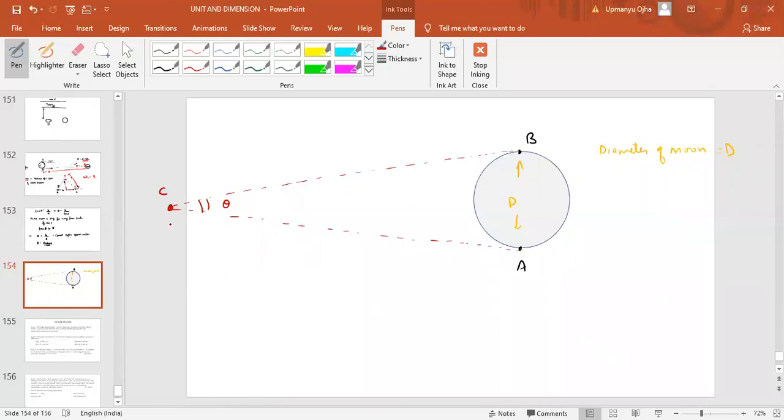Now the distance between Earth and the moon is capital D. Now we can again apply the parallax method here.